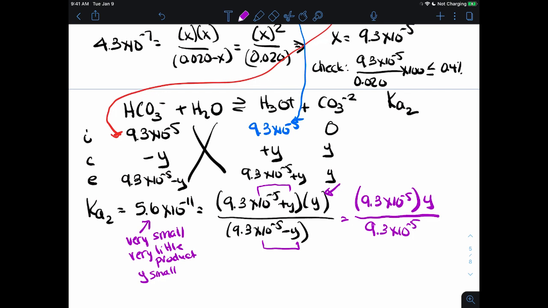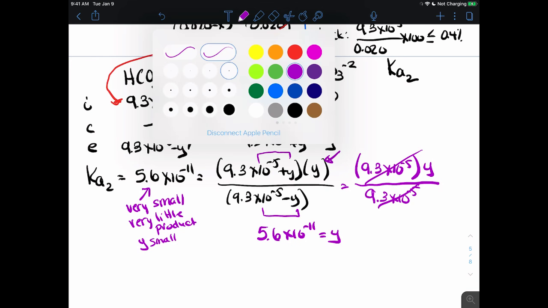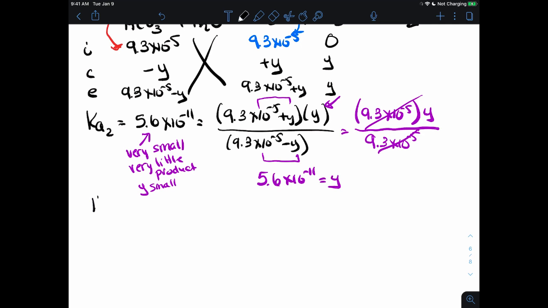Hey, look at this algebra. So 5.6 times 10 to the negative 11 equals y. We've discovered our answer. So then now the last piece here is to answer the question, what is the concentration of all species present? Okay, well, let's make a list of what's around. We have H2CO3, my original acid.